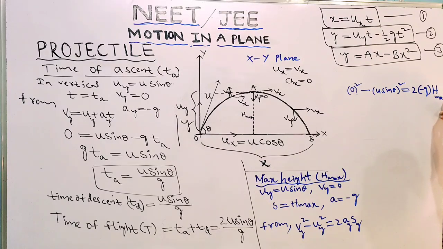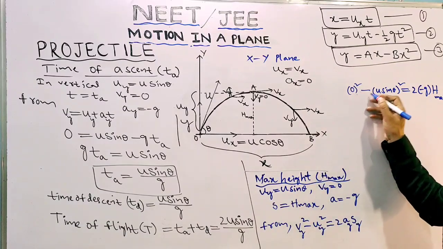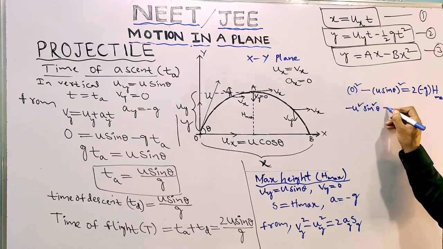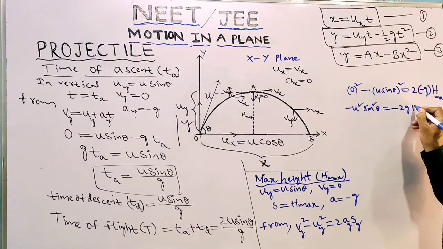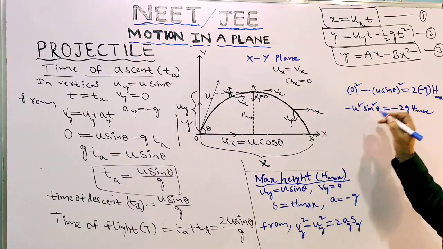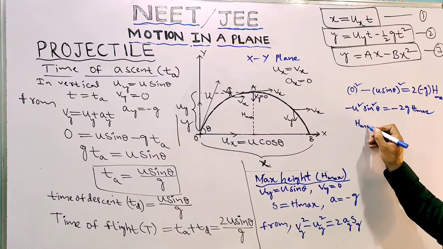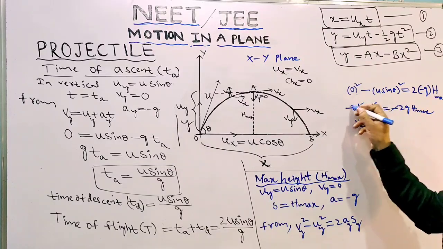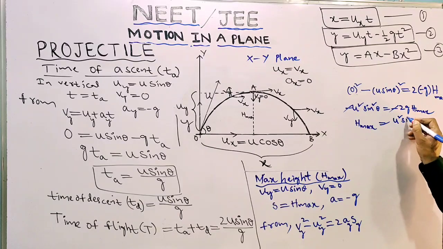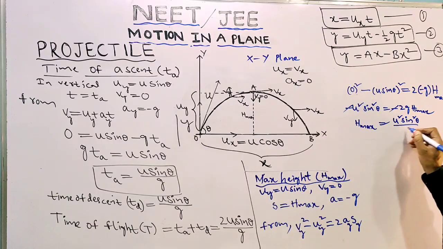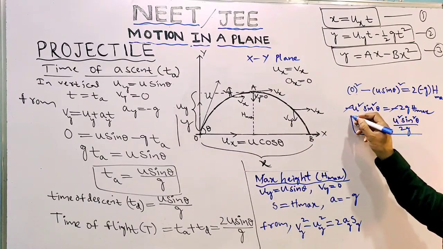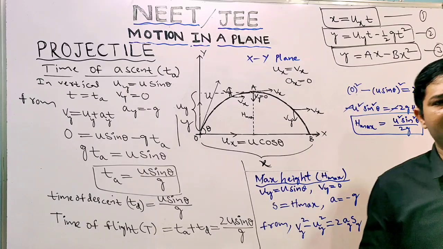Here, minus u square sin square theta is equal to minus 2g h max. The minus signs cancel, so h max is equal to u square sin square theta by 2g. So this is the maximum height derivation.